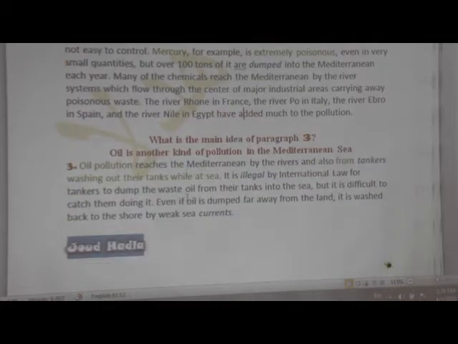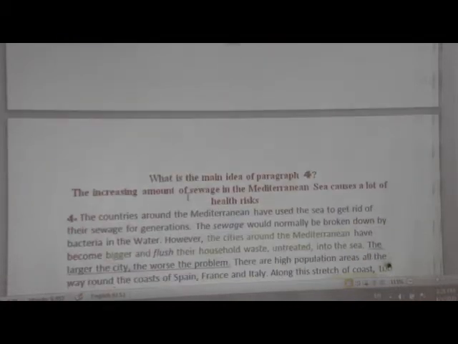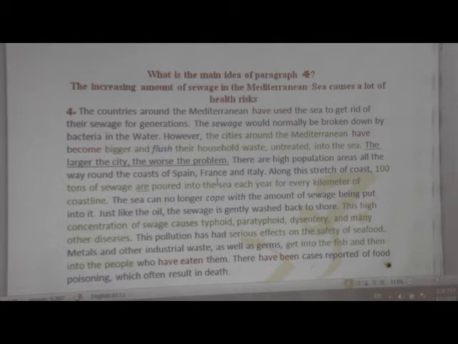Now, another form in paragraph 4, where present perfect is used. The cities around the Mediterranean have become bigger and flush their household waste and treated into the sea.